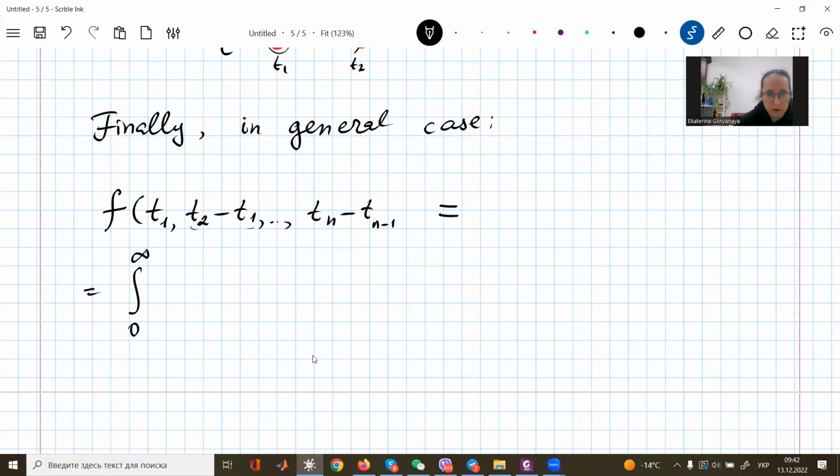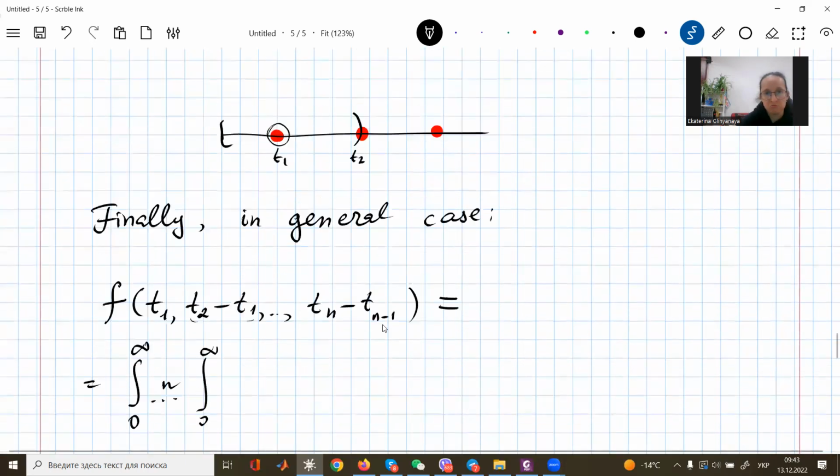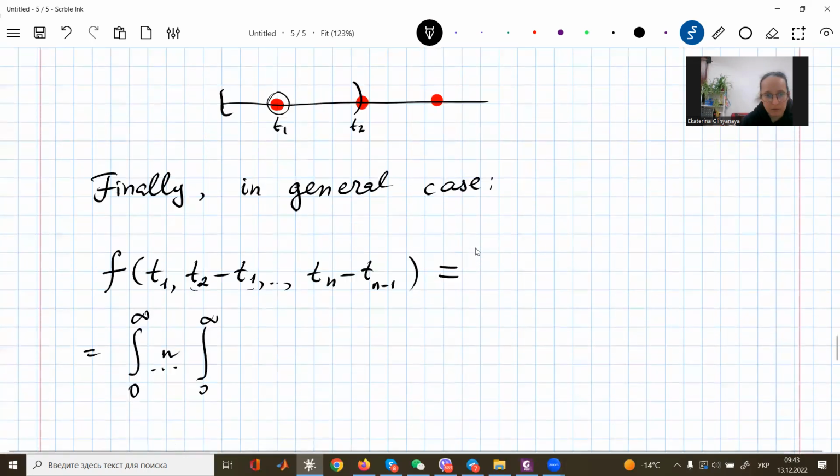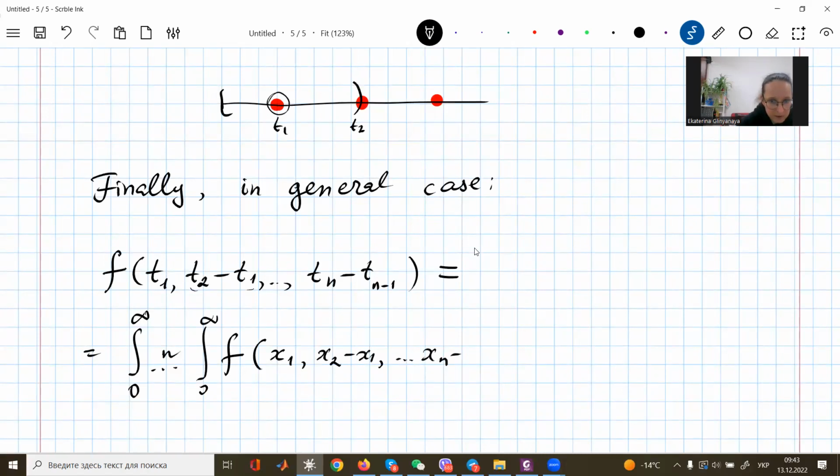N minus 1. So I have n integrals, and here I write the function f of x1, x2 minus x1, and so on, xn minus xn minus 1.